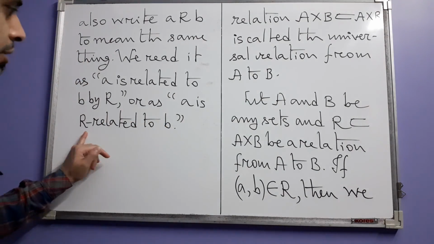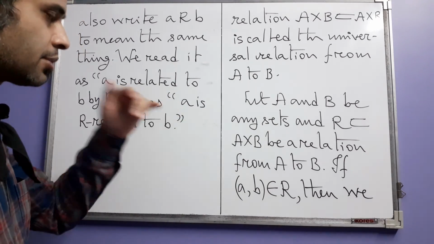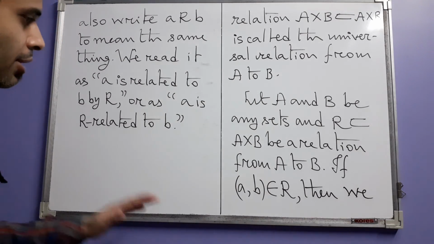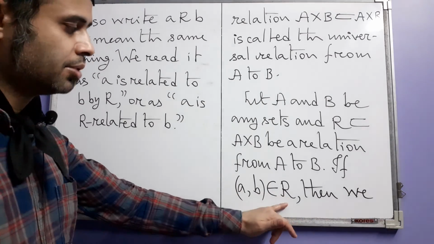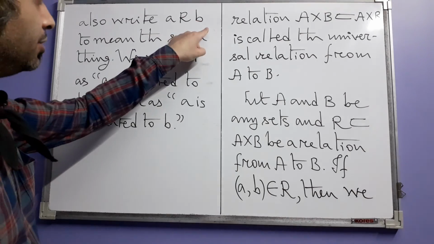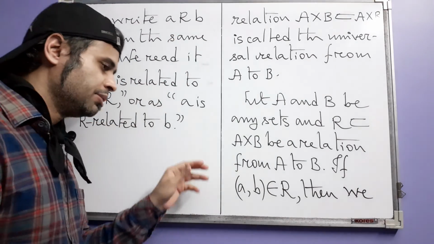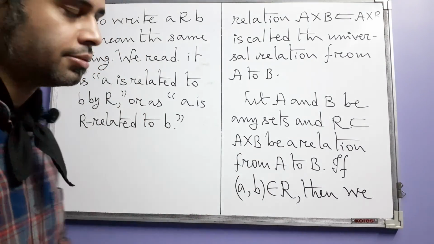Or if it's understood what R is, we also simply say a is related to b. Okay. All these statements, a comma b belongs to R, a R b, a is related to b by R, a is R related to b, mean precisely the same thing.